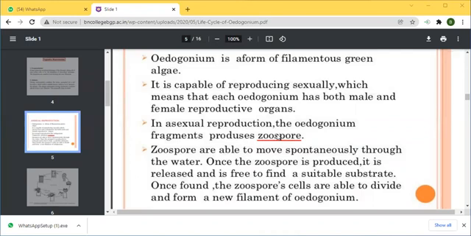Zoospore formation. Zoospores are able to move spontaneously through the water. Once the zoospore is produced, it is released and finds a suitable substrate. Once found, the zoospore cells divide and form a new filament of Oedogonium.